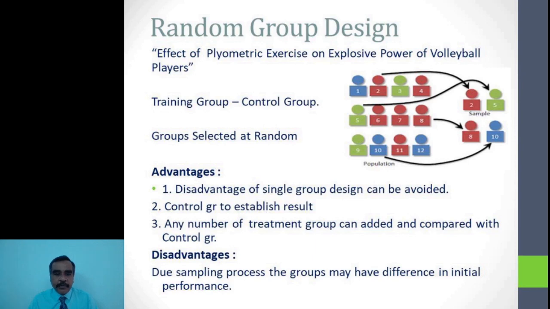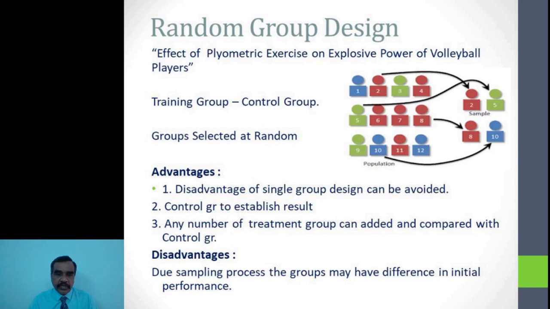They will be tested pre-test and post-test, and the pre-test and post-test of the experimental group will be compared separately, and the pre-test and post-test of the control group will be compared separately to find out whether there is an improvement or not, whether there is a change in the control group. So the result will show whether there is an improvement due to plyometric exercise on the explosive power of the volleyball players.